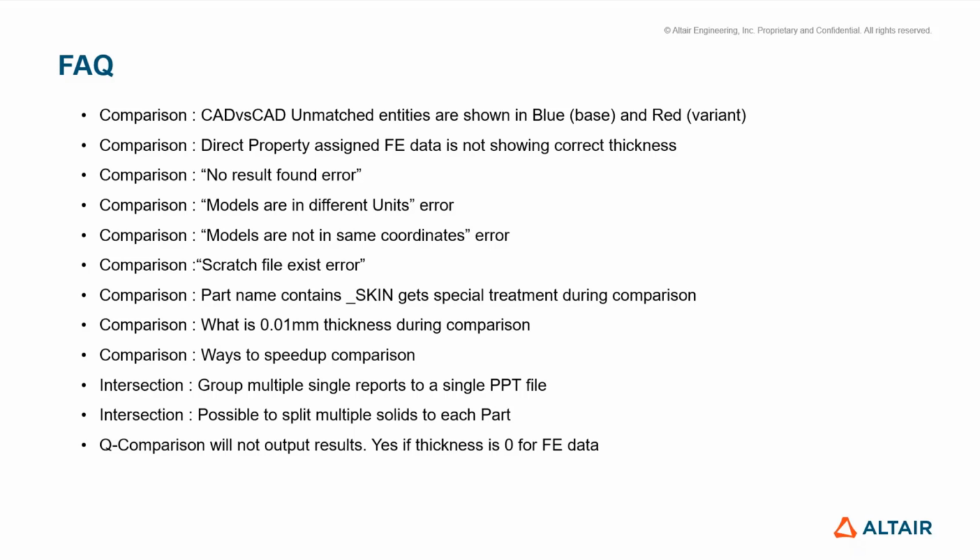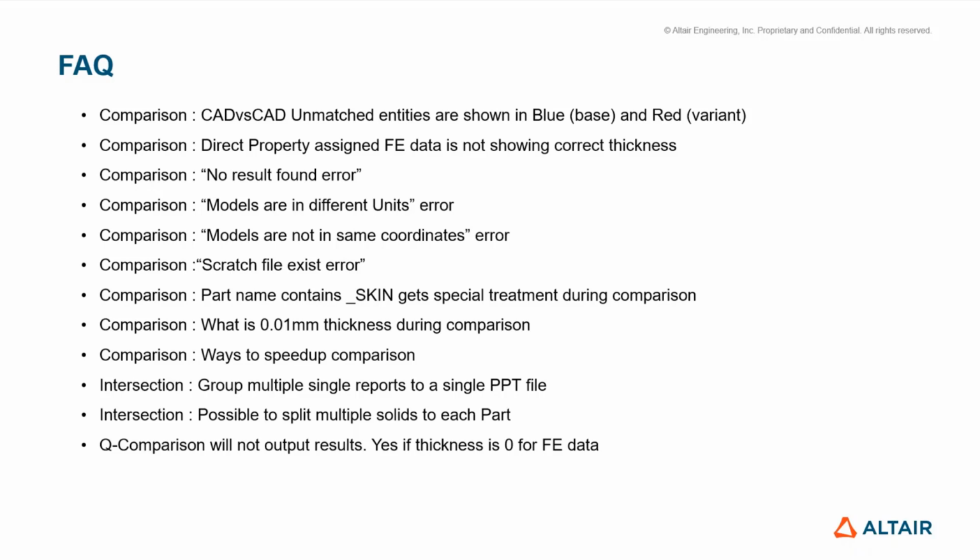That's available in MVD. There is an assembly split option in the CAD configuration. If we turn on that option, then multiple solids inside each part will be separated and will carry the same part name, part number, materials, and thickness of the original part.